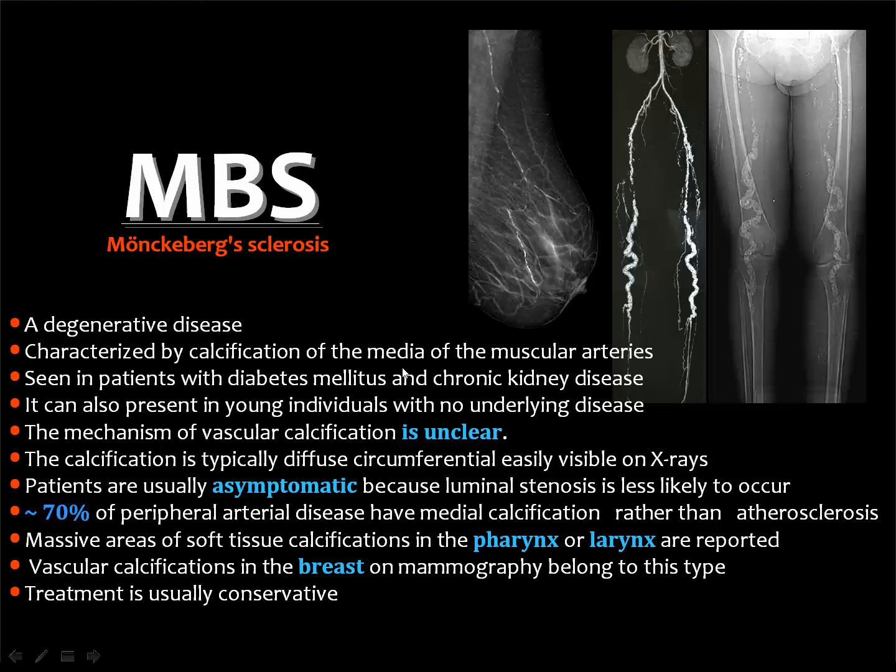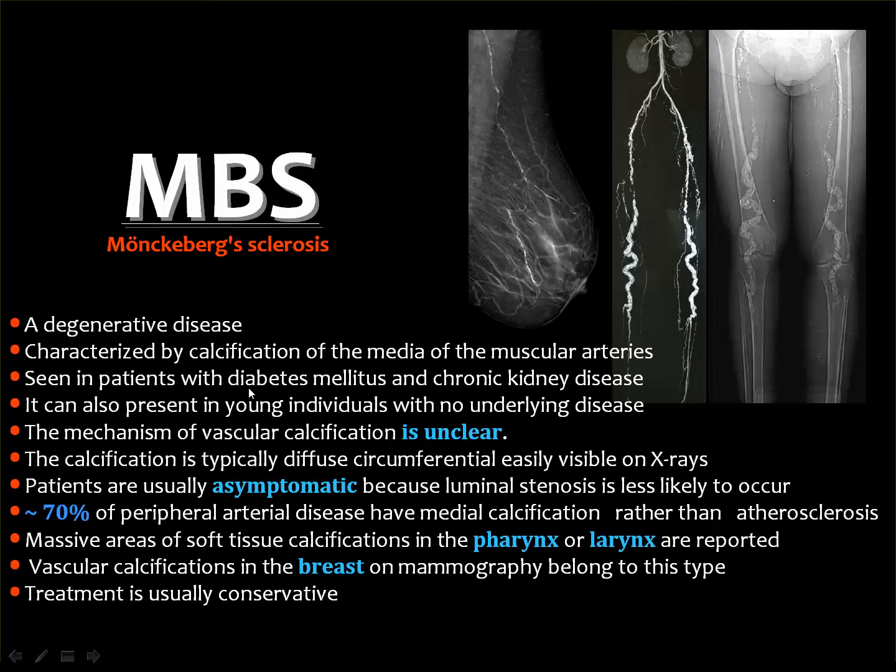Then Monckeberg sclerosis is a degenerative disease characterized by deposition of calcium in the media of the muscular arteries. You remember that arteriosclerosis means deposition of calcium in the intima, but this is deposition of calcium in the media of the vessel.